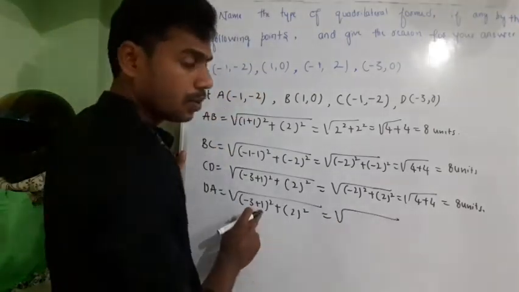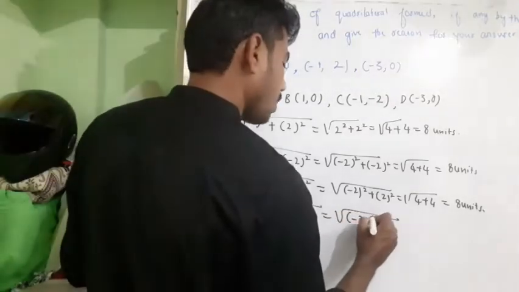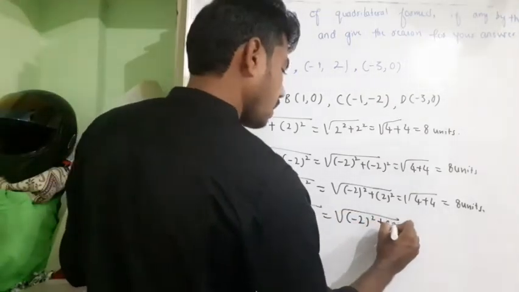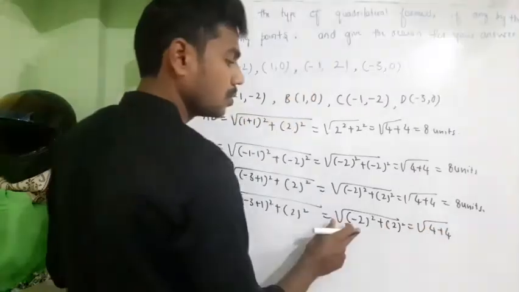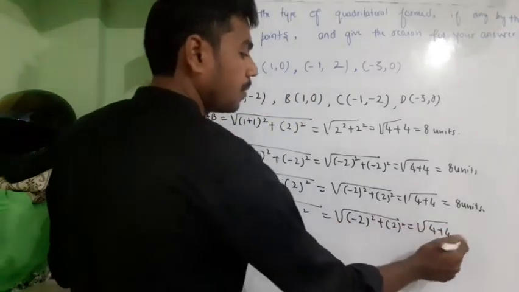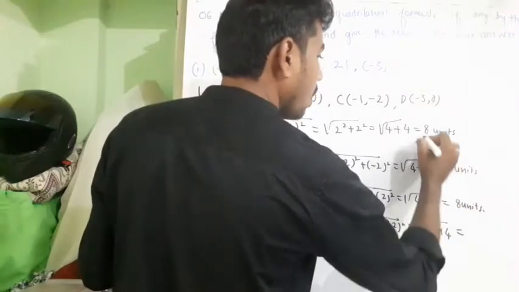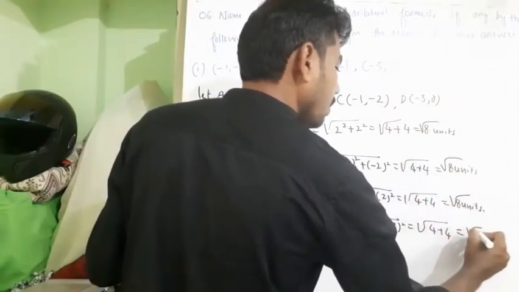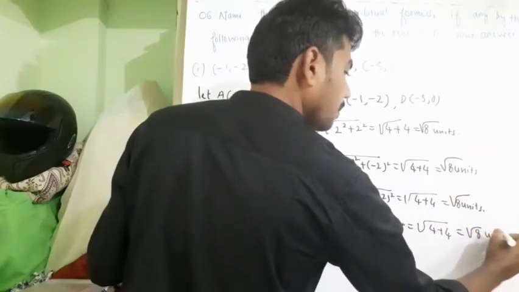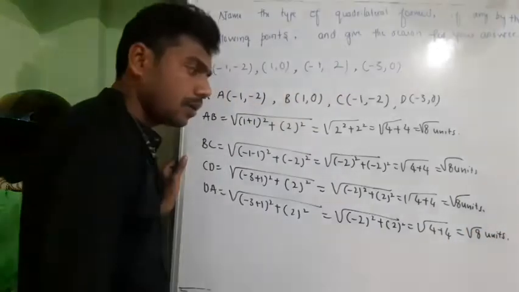Minus 3 plus 1 whole square is minus 2 square, plus 2 square, which is equal to 4 plus 4. Yes or no? Minus 2 square is 4, 2 square is 4. So again, this is root 8 units. 4 plus 4 is root 8.